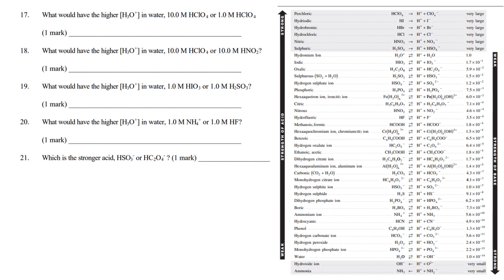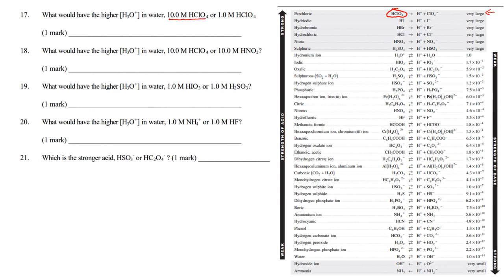Hopefully you can see this. I tried to put the whole table on here, but HClO4 is way up here. We know from this table and the Ka value that it's a strong acid. So we can even calculate the H3O concentration in this one right here.